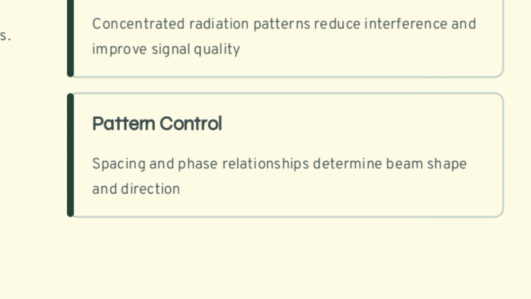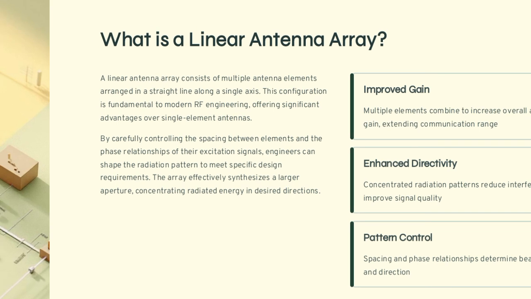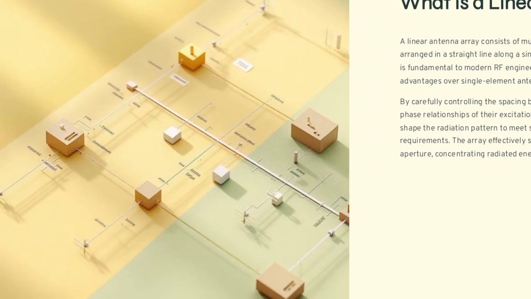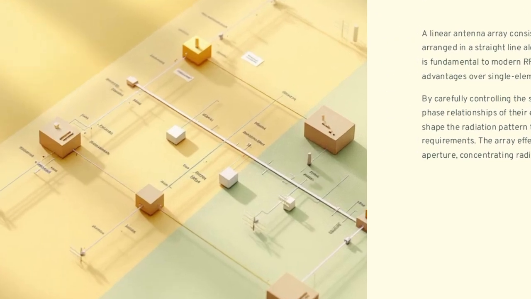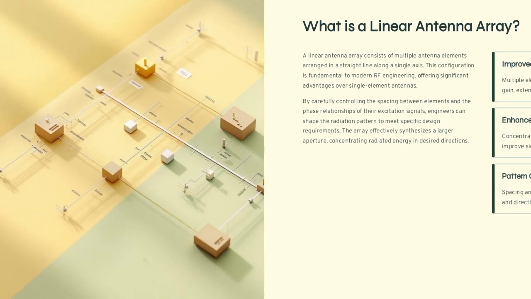The third feature is pattern control. By maintaining the spacing and phase relationships, we determine the beam shape and direction. These are the three main features of the linear antenna array. Here I am showing a picture of patch antennas, and how we can set the spacing and phase relationship among them. This is one simplest view of a linear antenna array.